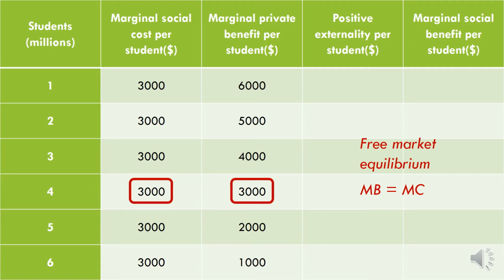Okay, so we can see that the point of intersection between those two curves, if you can imagine that, would be at 4 million students. So that would be the number of students who would be educated in this free market story.